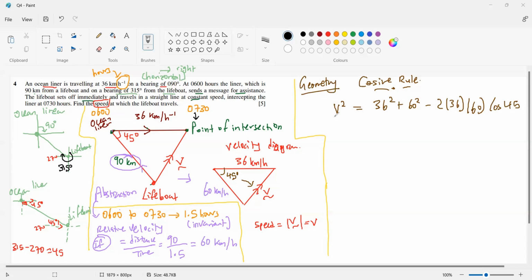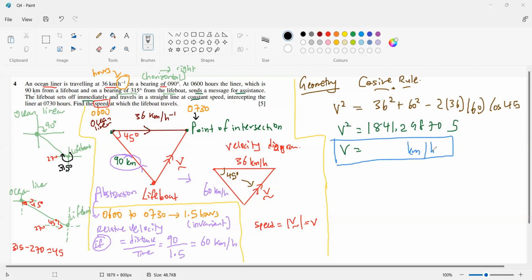Just put it in the calculator: 36 square plus 60 square minus 2 times 36 times 60 times cos of 45. So v square is 1841.298705. I copy everything in the calculator so that the next line I can give a more accurate answer. When you square root it, it becomes 42.9 kilometers per hour, good to maintain as 3 significant figures.